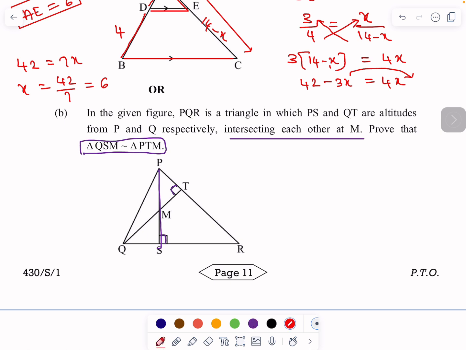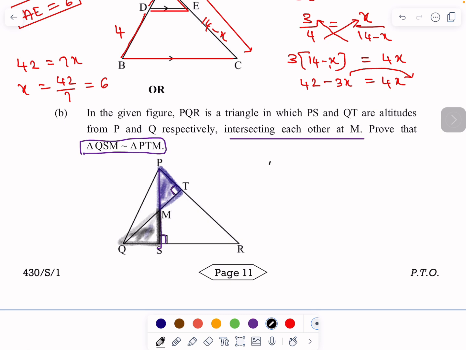So prove that triangle QSM is similar to triangle PTM. I am taking triangle QSM here. This is the triangle QSM, and this is the triangle PTM. Select both the triangles.